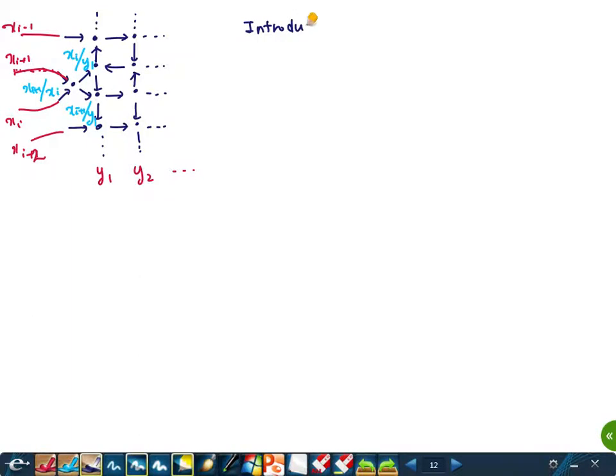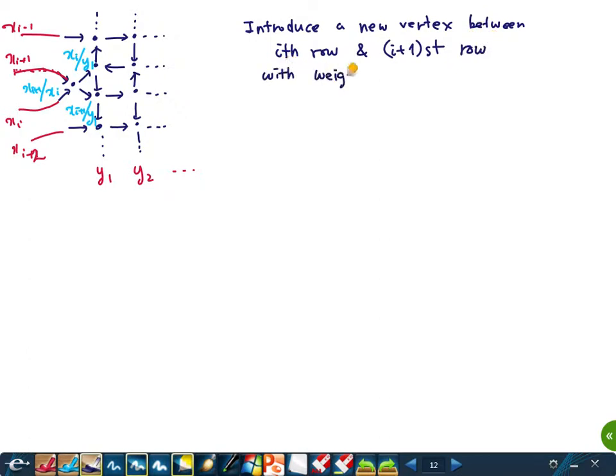Introduce a new vertex between the ith row and the i plus first row with weight xi plus 1 over xi.